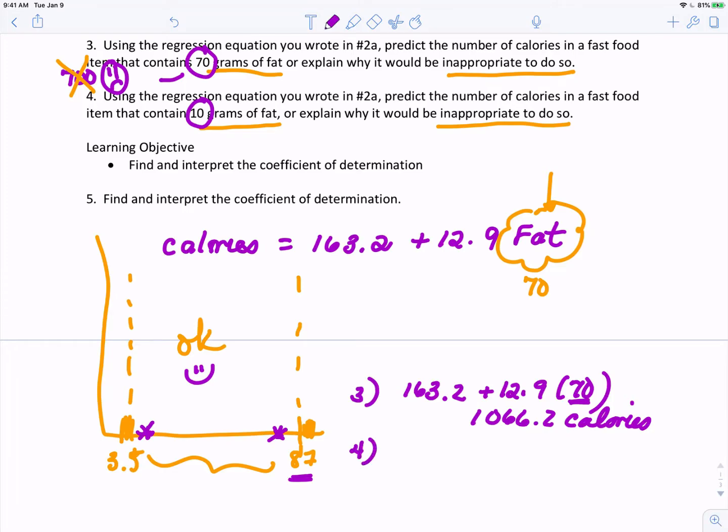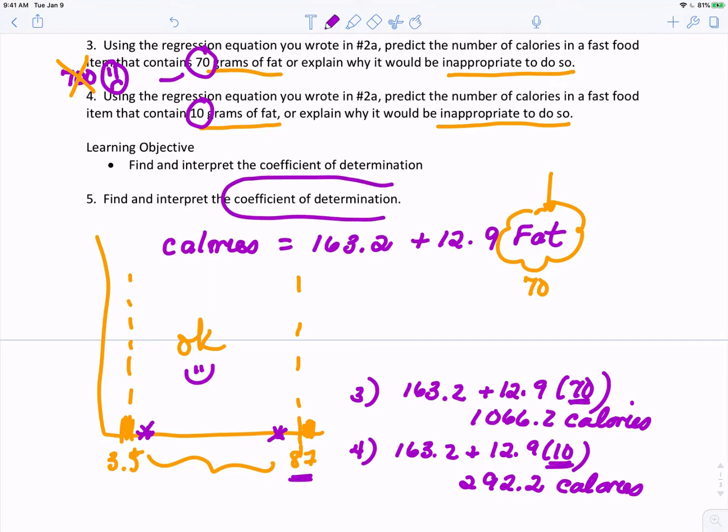We would do it the same way: 163.2 plus 12.9 multiplied by 10. On a calculator, that comes out to be 292.2 calories. So we can see that if a food only contains 10 grams of fat, it contains far fewer calories.